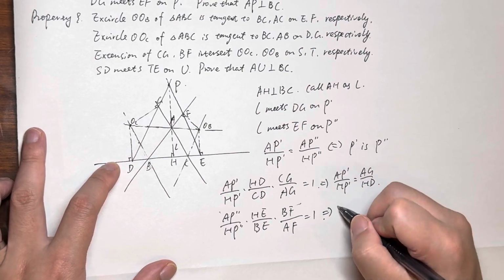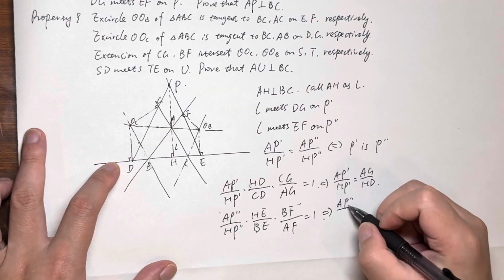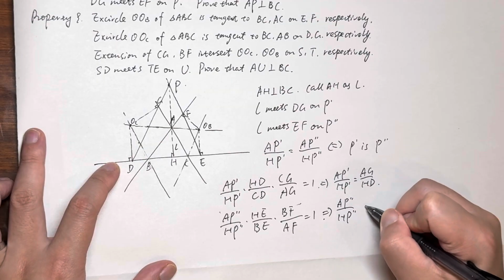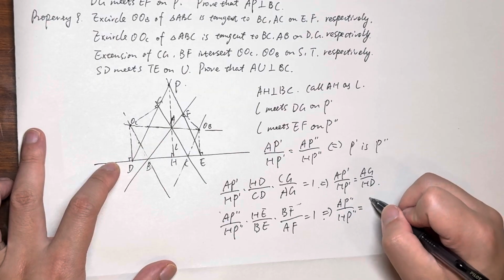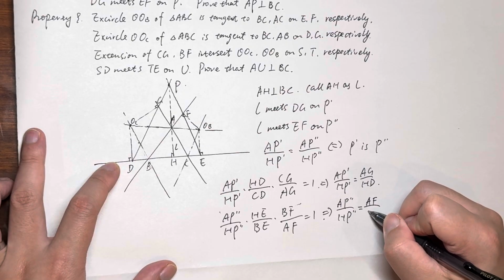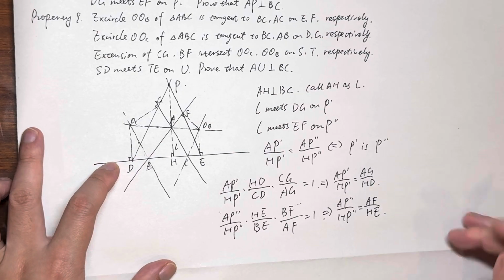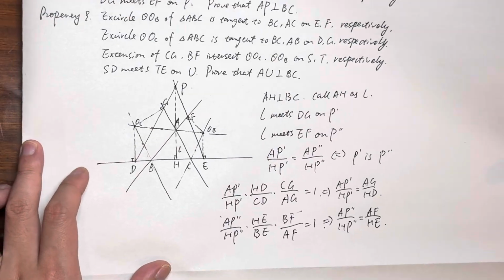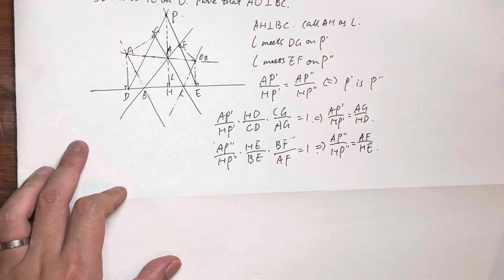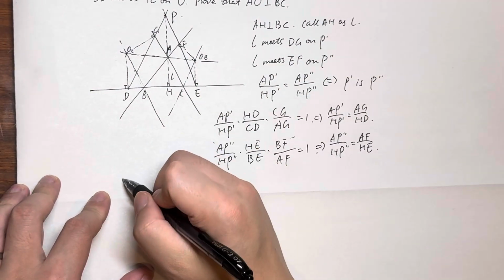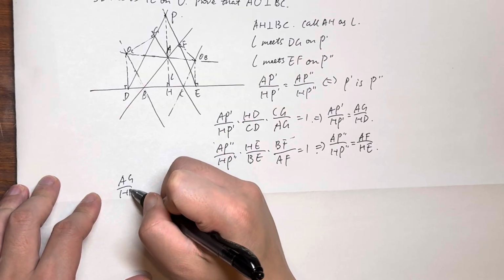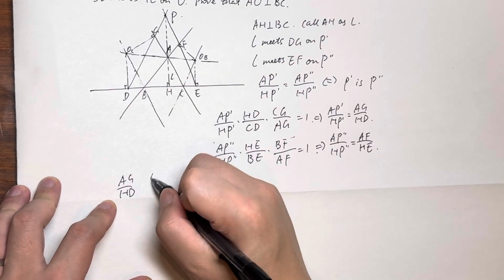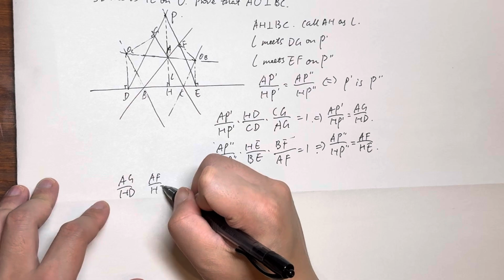So from this one, we get AP double prime to HP double prime equals AF to HE, right? Now we have AG to HD and AF to HE.